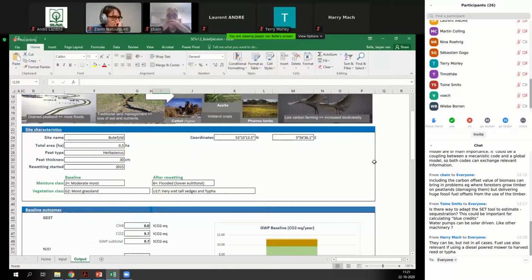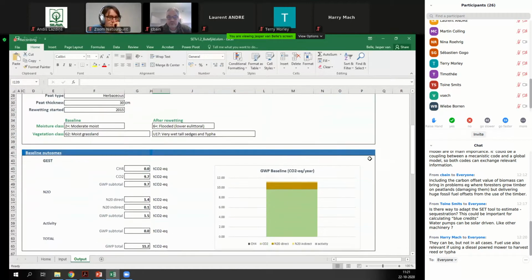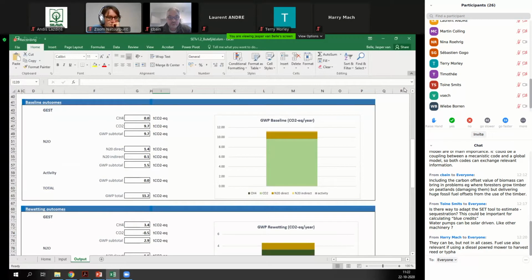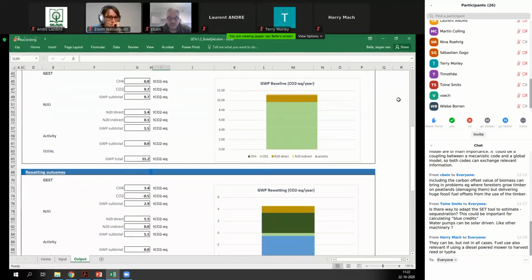So this is basically used for your own administration purposes. And then you have the outcomes. Here you see an outcome for the baseline on top. So this is the do nothing scenario, and it tells you what are the carbon fluxes from the soil according to the GEST model.